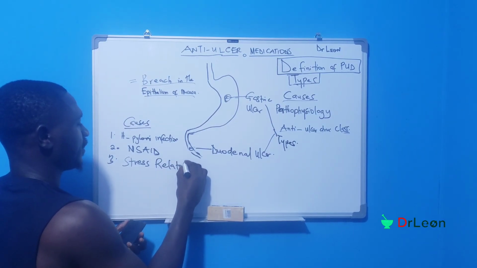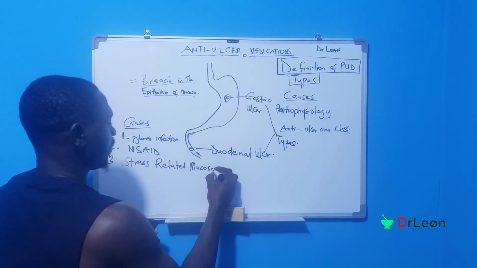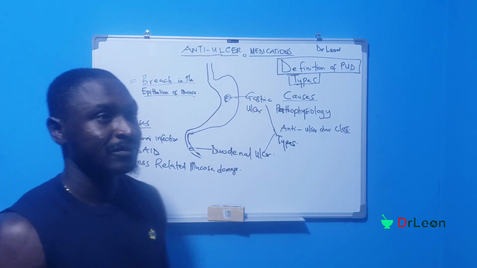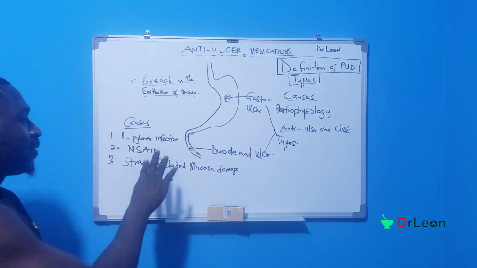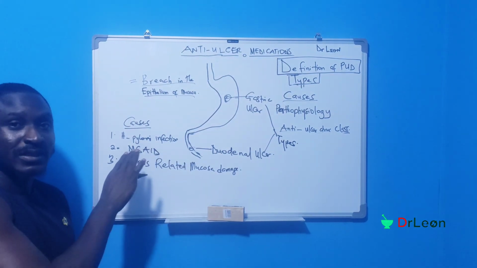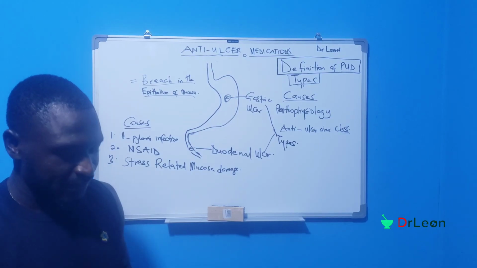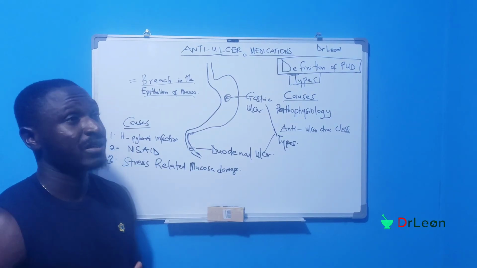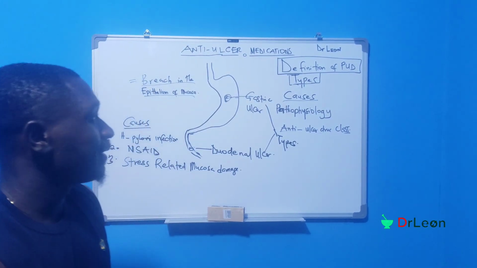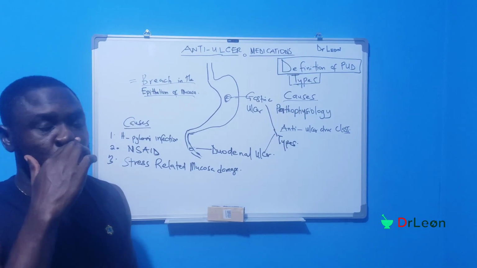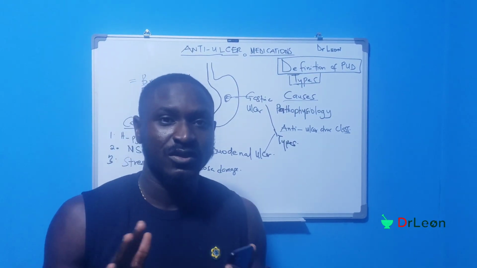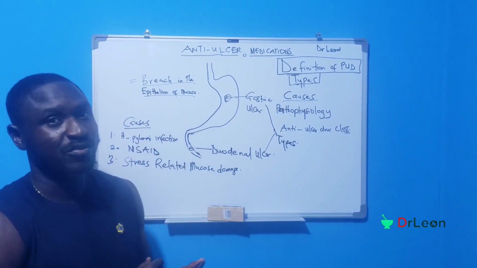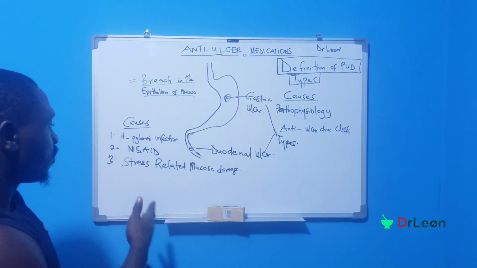stress-related mucosal damage. We will talk about that one later, but basically, in this kind of ulcer, there is no H. pylori, there is no NSAID use, but the patient is either critically ill or stressed. Stress can lead to production of cortisol, a hormone that can reduce the production of certain useful prostaglandins which protect the mucosal wall.